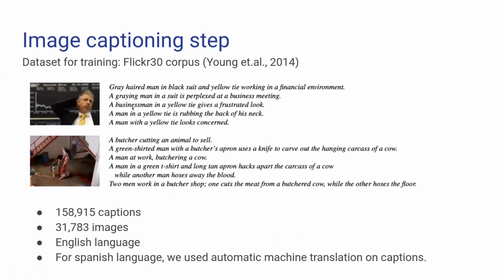For every image, we have 5 descriptions of the image given by some users. So this was used to train our neural network. And for the Spanish language, we used an automatic machine translation algorithm. So we have 2 versions of this dataset, one in English and one in Spanish. So we are able to obtain descriptions of the images in English and Spanish.